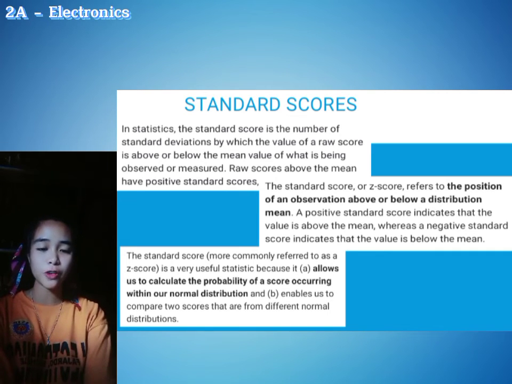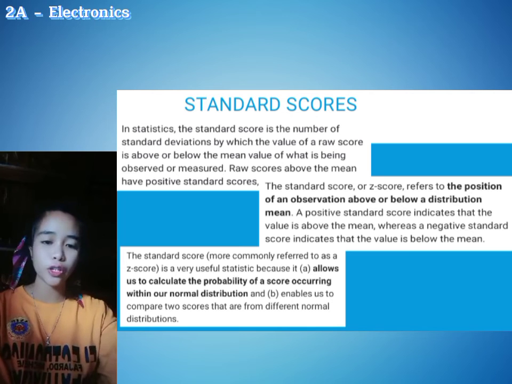The standard score, or z-score, refers to the position of an observation above or below the distribution mean. A positive standard score indicates that the value is above the mean, whereas a negative standard score indicates that the value is below the mean.